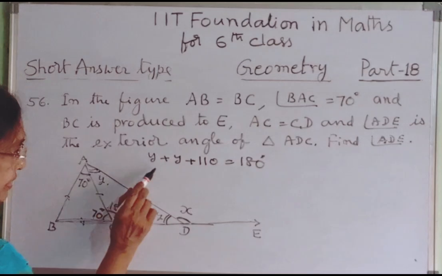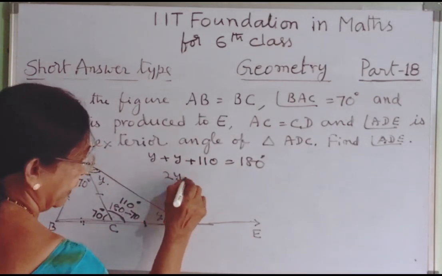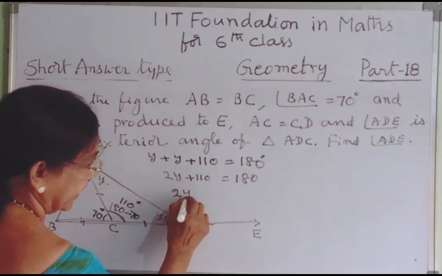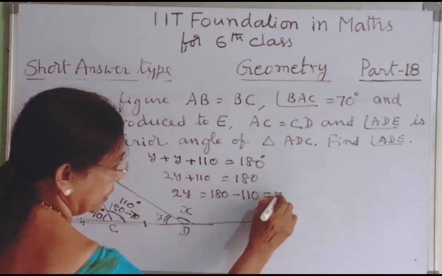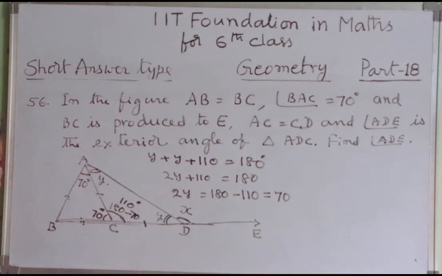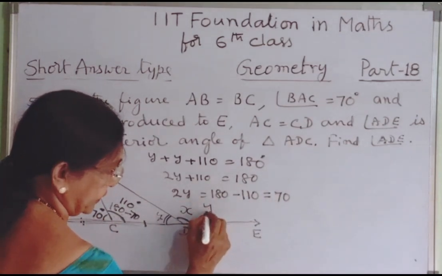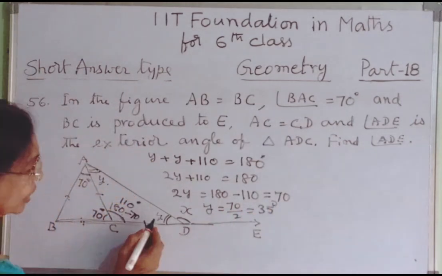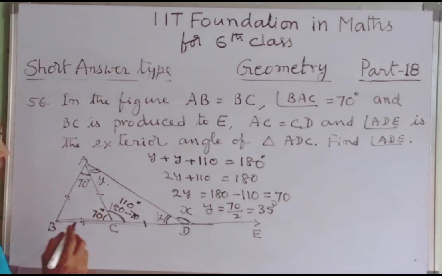Therefore, 2y plus 110 is equal to 180, or 2y is equal to 180 minus 110, which is equal to 70 degrees. So y is equal to 70 by 2, which is equal to 35 degrees. So, this angle is 35 degrees and this angle is 35 degrees.